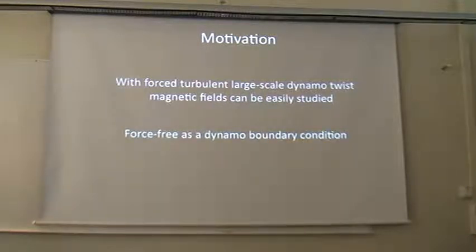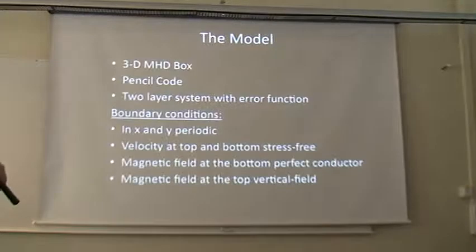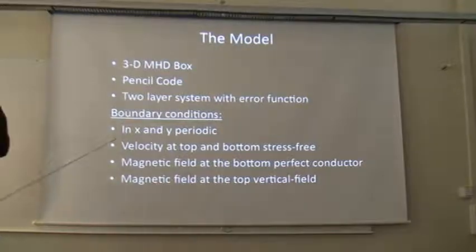Also, when you study dynamos, it's always important what boundary condition you use, because the boundary conditions are very important to how the dynamo works and how much magnetic field will build up. So it's also a study looking at the force-free boundary condition in the dynamo model. My simulation is a 3D MHD box simulation with the Pencil Code.